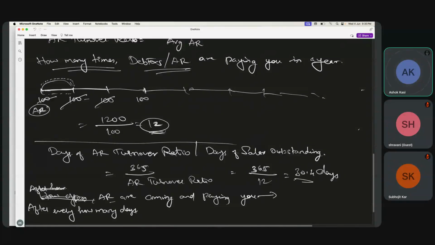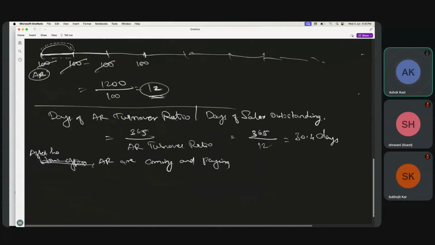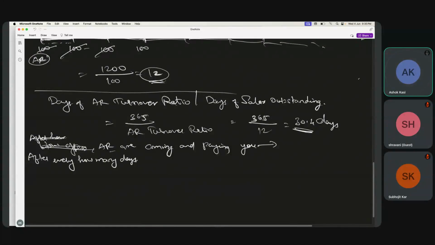How many days? 30 days. So you are getting an idea, right? After every 30 days account receivables are coming and paying you. And how many times are they paying in a year? 12 times they are paying in a year.